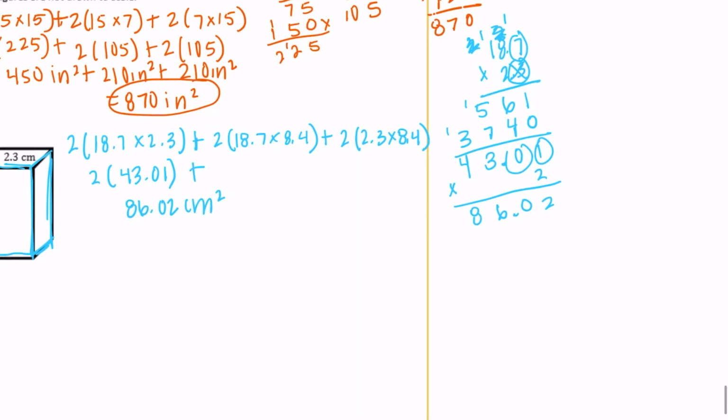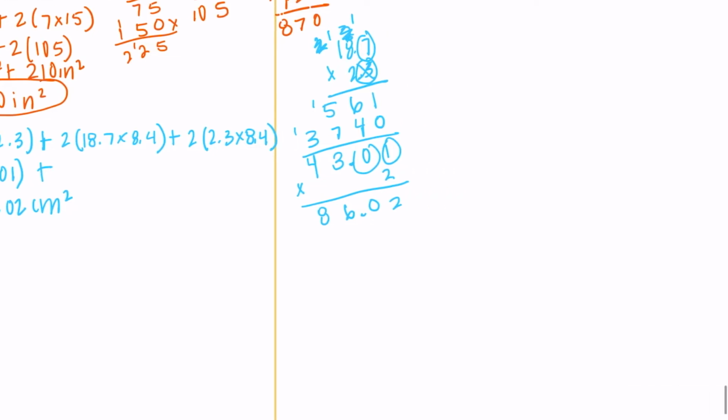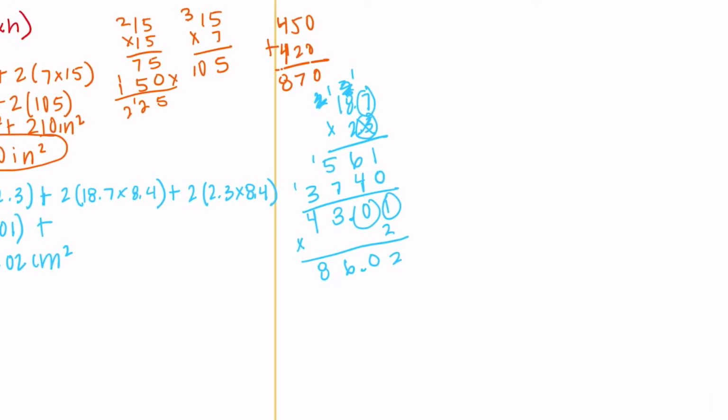So now let's do the plus 18 and 7/10 times 8 and 4/10. So 7 times 4 is 28. 8 times 4 is 32, plus 2 is 34, and 4 times 1 is 4, plus 3 is 7. Put the 0 down. 8 times 7 is 56. 8 times 8 is 64, plus 5 is 69.